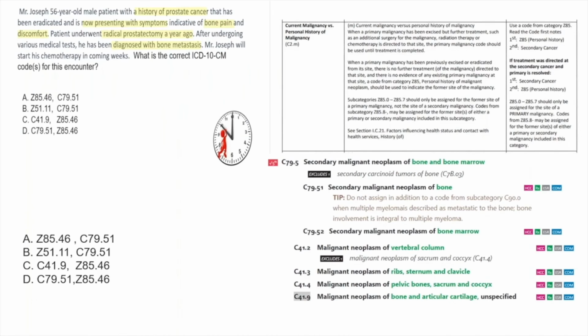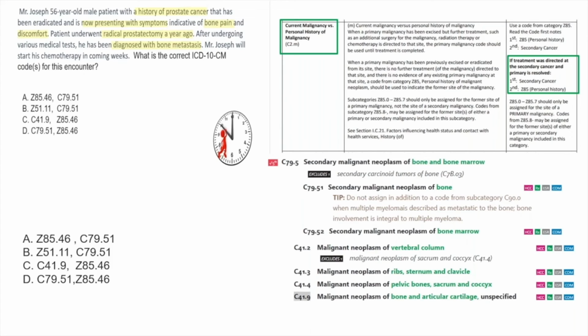So the guideline which we are going to refer to here is C2.M, which states that if the treatment is directed towards a secondary cancer and the primary cancer is resolved, assign first the secondary cancer and second the personal history code.